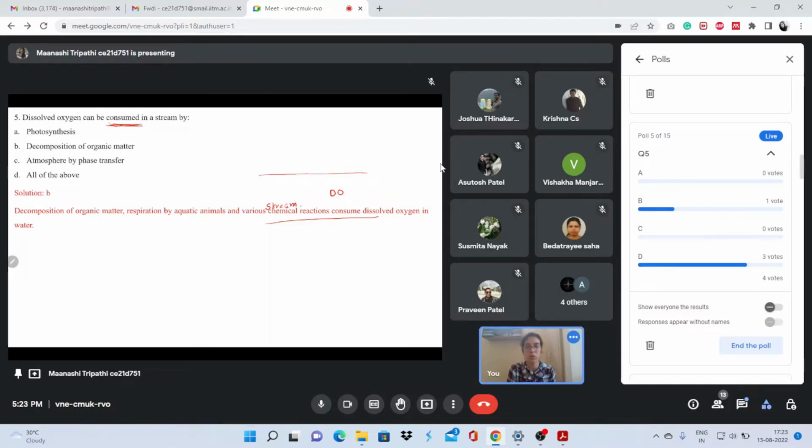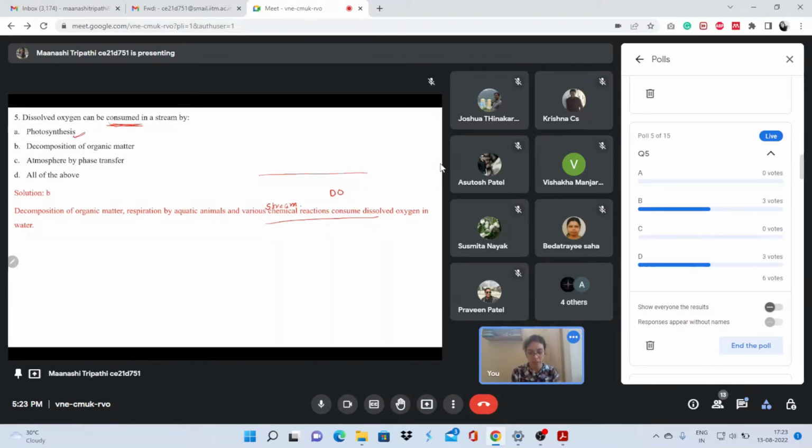Most of you have answered D. So I'll tell you, this is the process of photosynthesis. Photosynthesis is the process by which plants make their food. When plants make their food, they consume carbon dioxide and release oxygen. So photosynthesis is the process of oxygen release, not consumption.